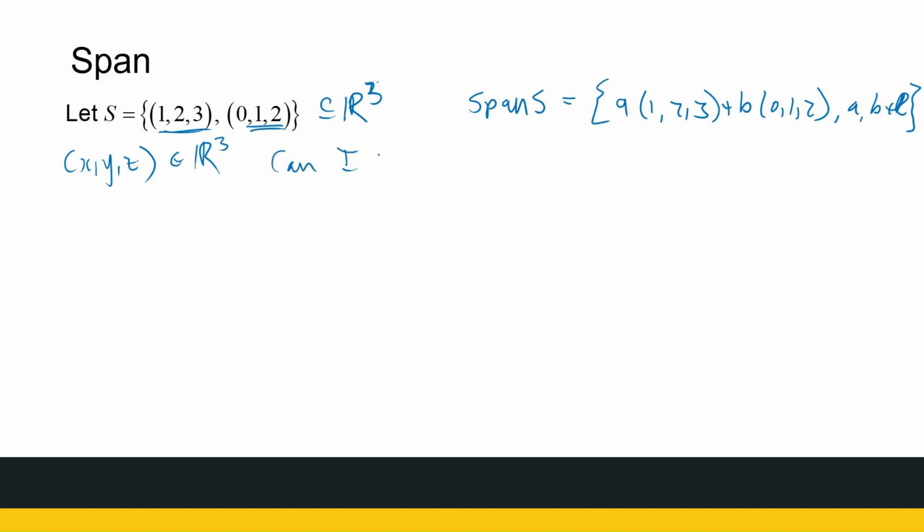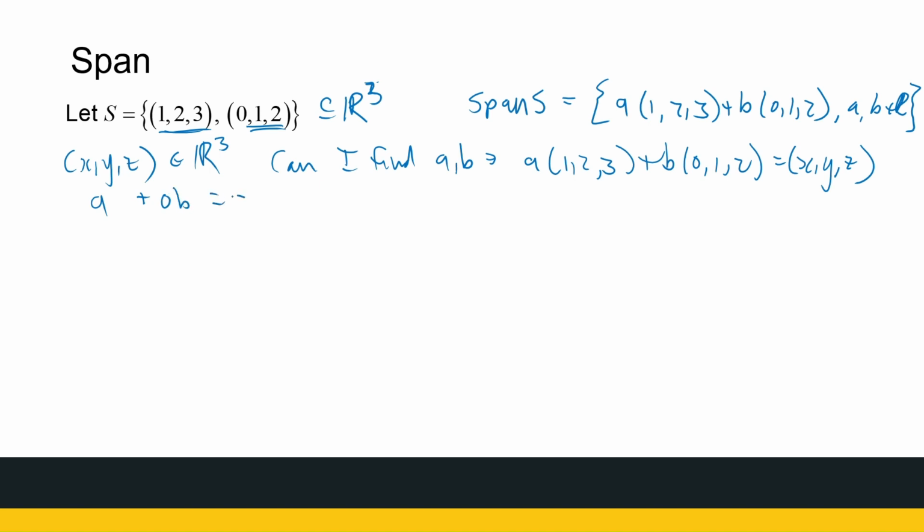Can I find an a and b such that a times (1, 2, 3) plus b times (0, 1, 2) is going to give me x, y, z? So we're looking at the system: a plus 0b is equal to x, 2a plus b is equal to y, and 3a plus 2b equals z. So now the question is, can I find this a and b?